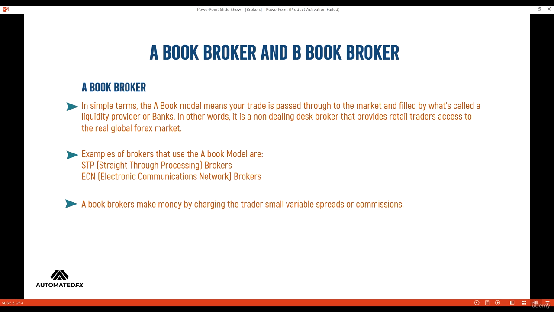So that's how the A-book brokers work. They just reroute your orders directly to the market through a liquidity provider or a bank. We have the two types, remember: the STP and the ECN.